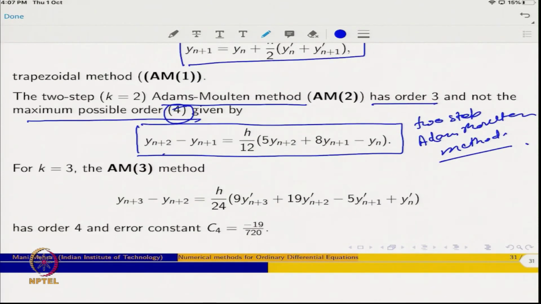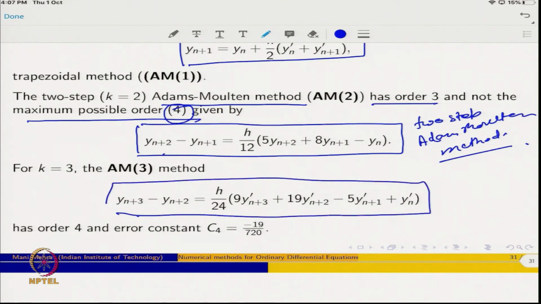For k is equal to 3, the difference equation will become this. Both of these you can take as an exercise and try to find the coefficients, because I am directly giving you how the difference equation will look. Both are exercises where you have to prove how these coefficients are 5 by 12, 8 by 12, minus 1 by 12.